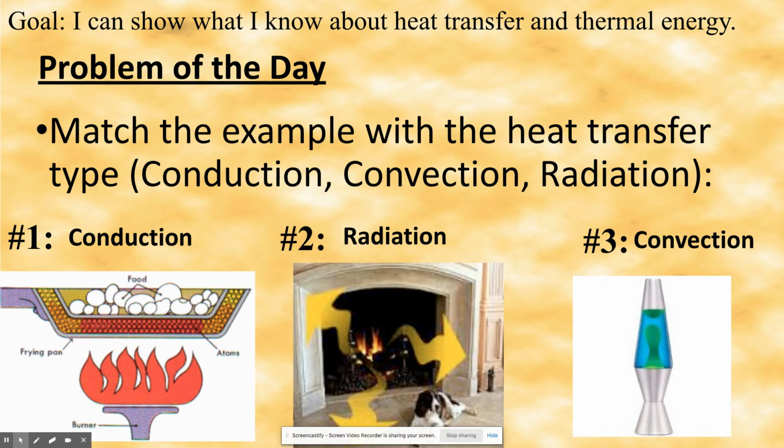And then convection in a lava lamp, because that happens in a liquid or gas, and the molecules near the heat source, which is the light at the bottom, heat up. They move faster, farther apart, become less dense, and rise. And then at the top, where it's cooler, the particles move closer together, become more dense, and sink. And that just keeps happening over and over again.